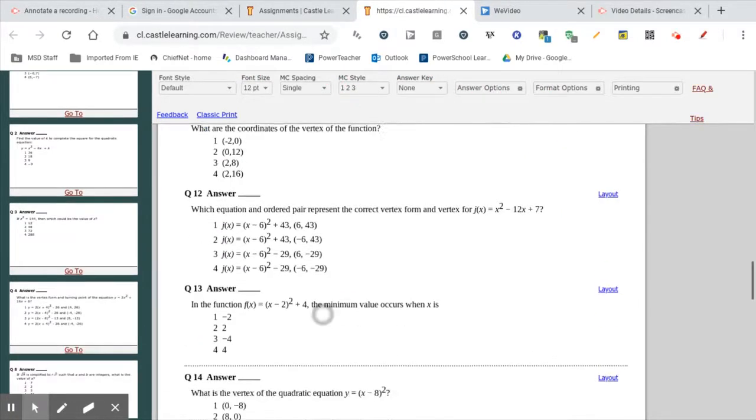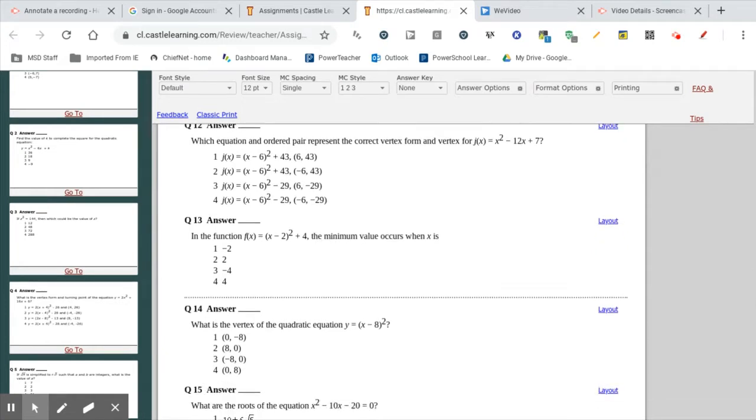Okay, number 12. Which equation in ordered pair represents the correct vertex form and vertex? So before we get started on actually completing the square and rewriting this equation, let's check out our multiple choice options. We can identify the vertex when it's in vertex form by taking the opposite of what's inside the parentheses and keeping the number on the outside.